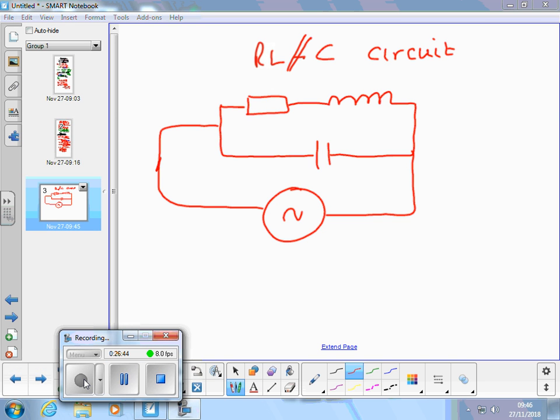So here we'll have a total current, an IL with the inductor, and an IC with the capacitor.